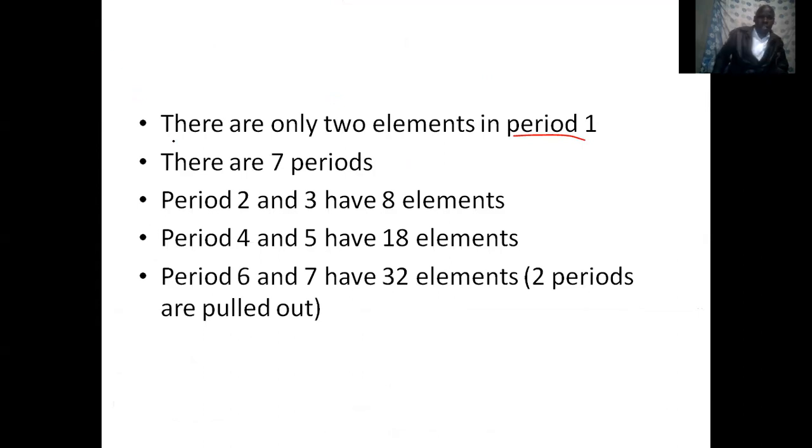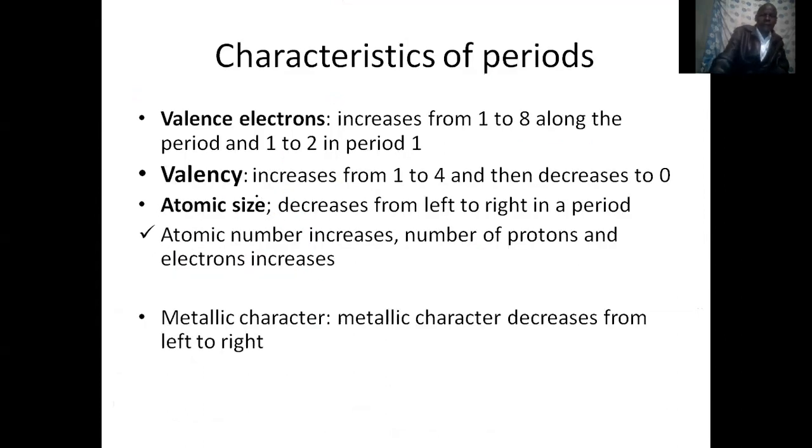And we indicated already that there are 7 periods. Periods 2 and 3 have 8 elements. Periods 4 and 5 have 18 elements, while periods 6 and 7 have 32. That includes the detached ones, which are pulled out as we indicated earlier.